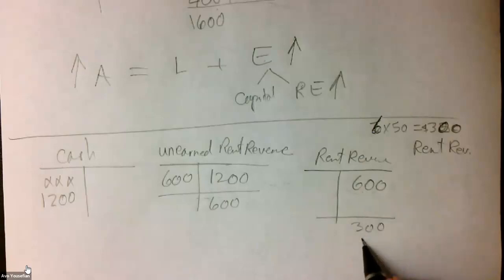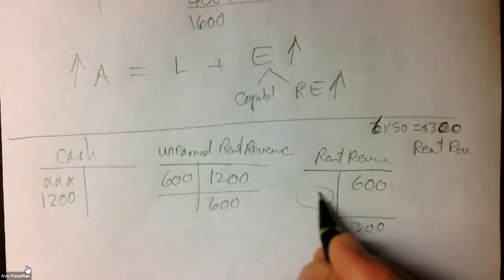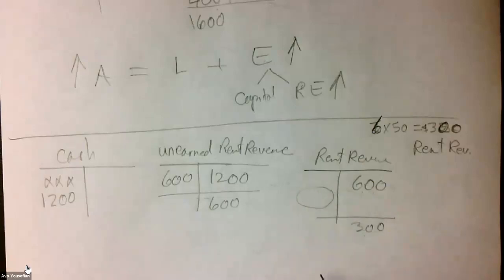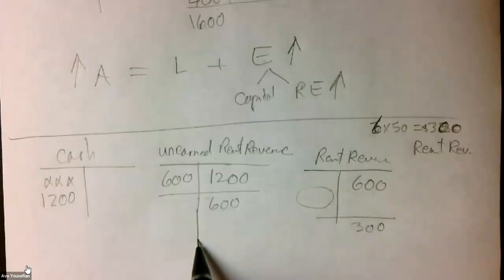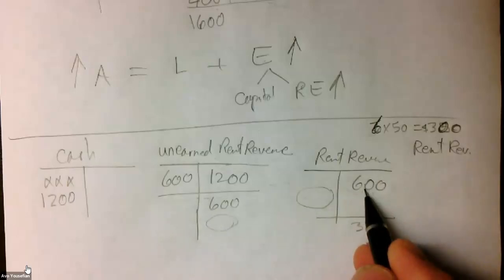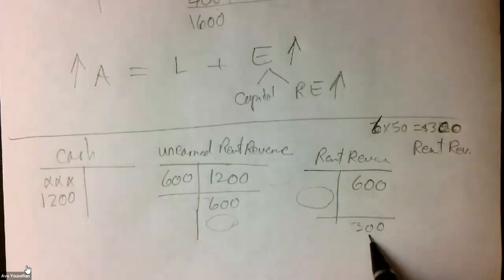In order to do that, you need to debit rent revenue. And if you debit rent revenue, then you credit unearned rent revenue. So 600 minus 300 is 300.